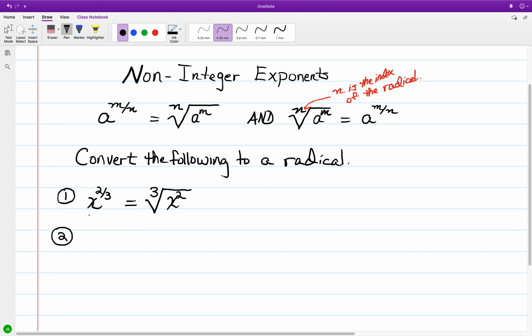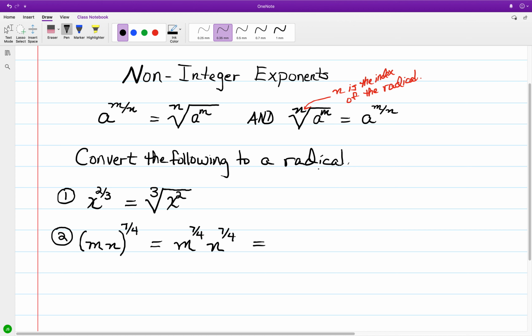And let's say, taking a page out of the product to a power property, we have a couple of variables, m and n. Say we have m times n raised to the 7/4 degree. If we remove the parentheses, m is raised to the 7/4 degree, and likewise n is raised to the 7/4, and we convert this product into a radical.